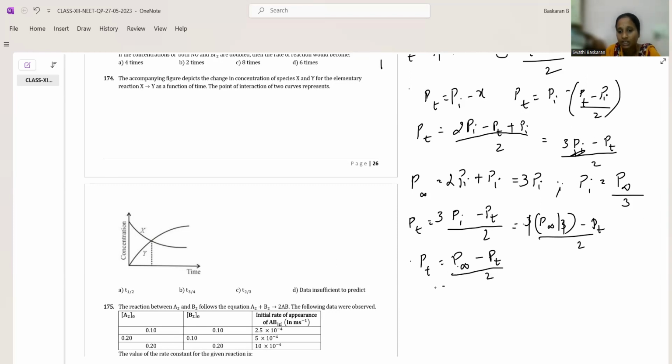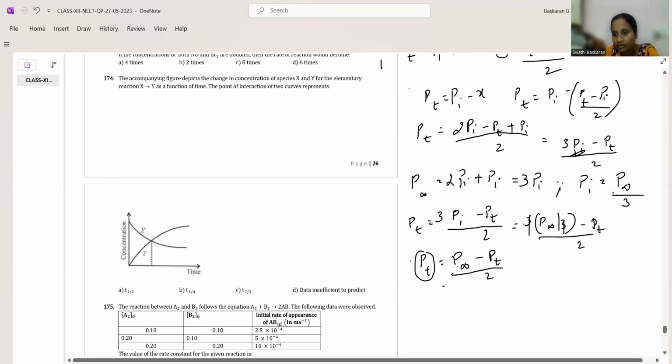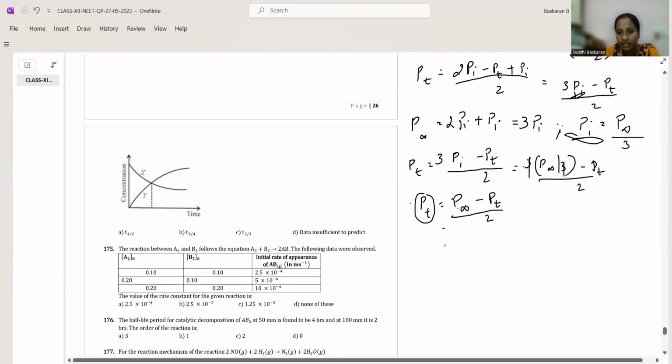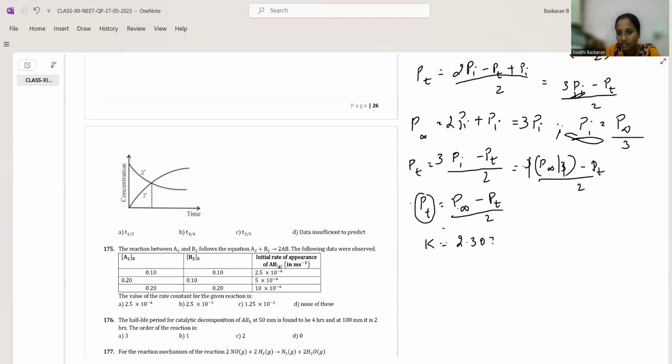Now substituting the Pt value as well as the Pi value in this rate expression, what do you get? K is equal to 2.303 by t log. In the place of Pi, you will put P infinity by 3, divided by, in the place of Pi minus x, which is nothing but Pt, where the Pt value is calculated to be P infinity minus Pt divided by 2.